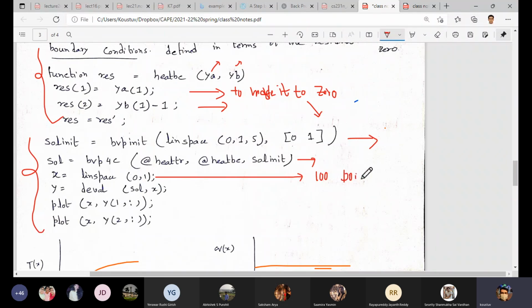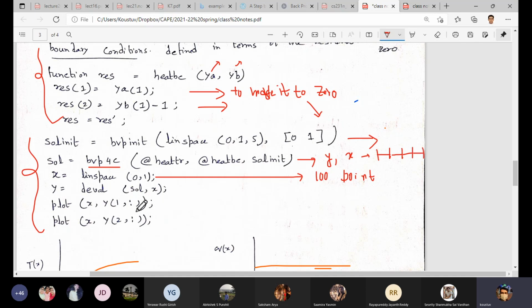Now in the previous step, it has solved y as a function of x at different points, at five different points in the functional form, with the collocation method bvp4c.